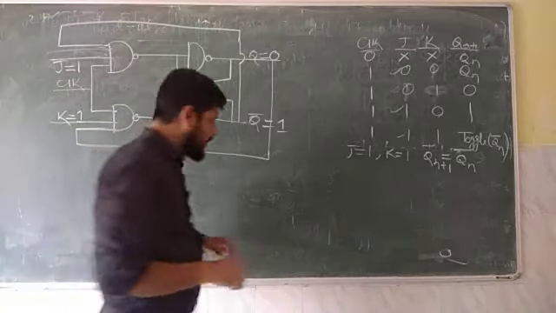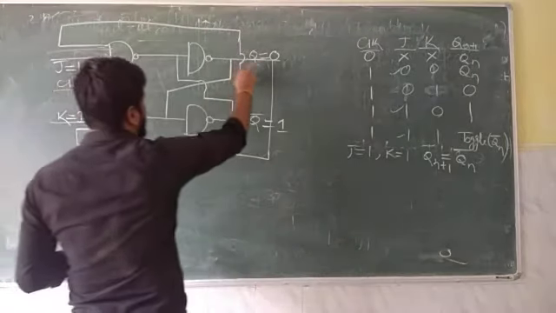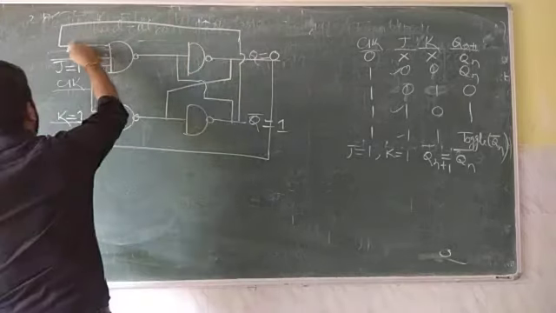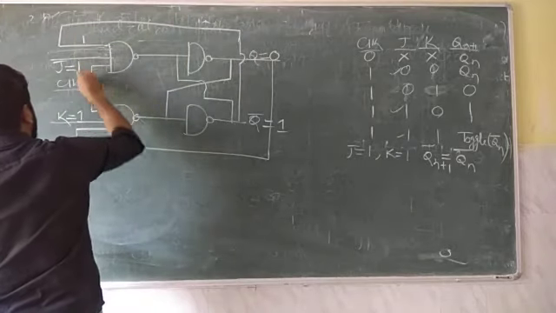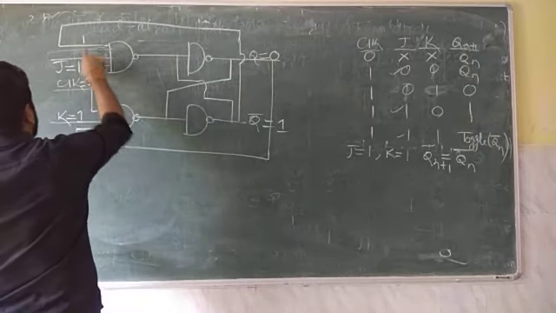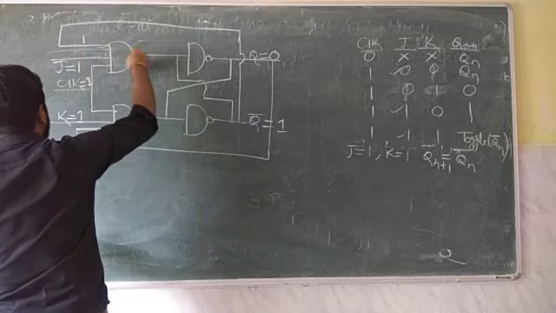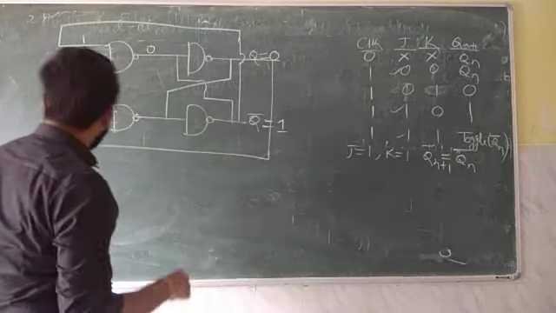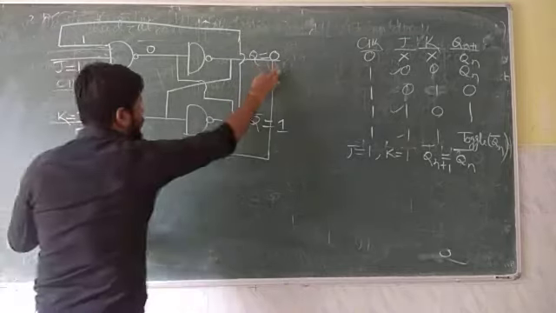We can see here Q bar is equal to 1 is applied here. So this is 1, this is 1, and the clock is obviously 1. The clock is active, so 1 1 1, and when all the inputs to the NAND gate are 1, the NAND gate output will be 0. Here we have Q equal to 0.